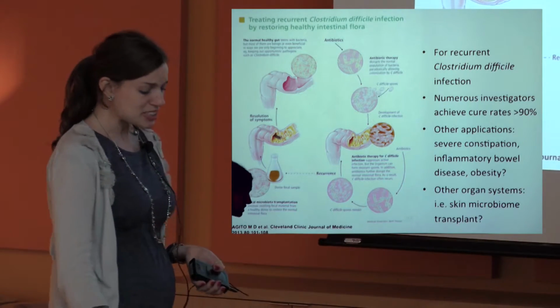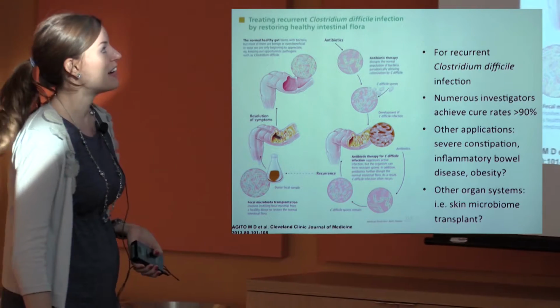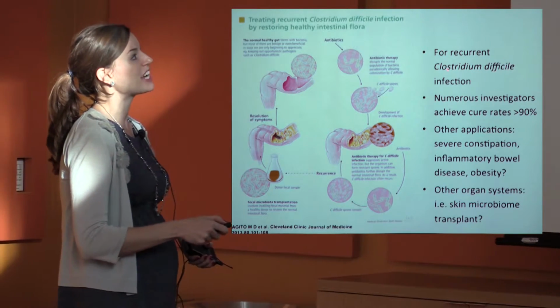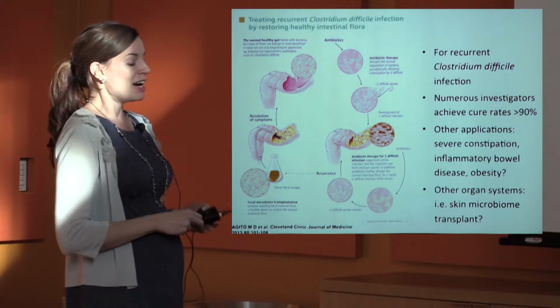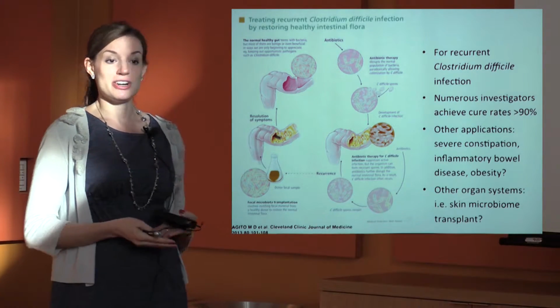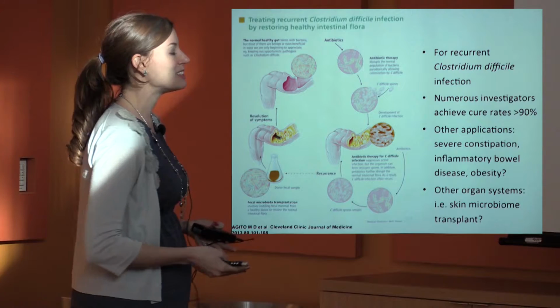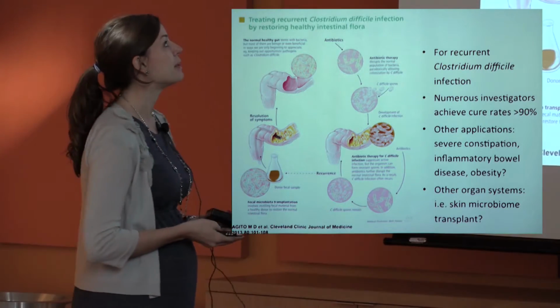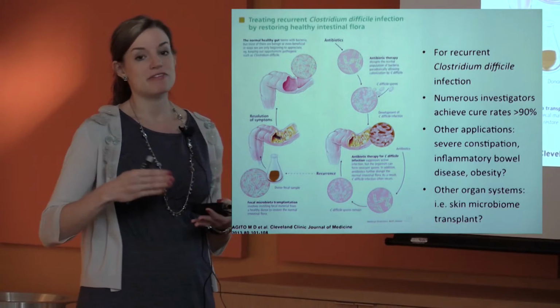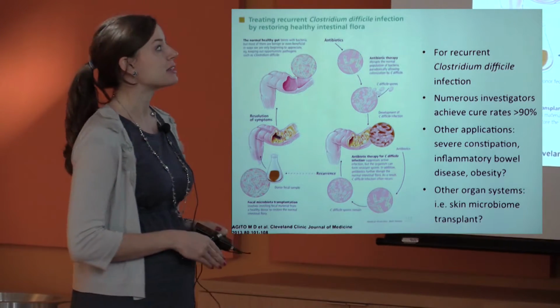And actually it's a very effective treatment for these recurrent Clostridium difficile infections. So these infections occur generally in patients that will have transplants, for example, because they're put on very heavy-duty antibiotics.